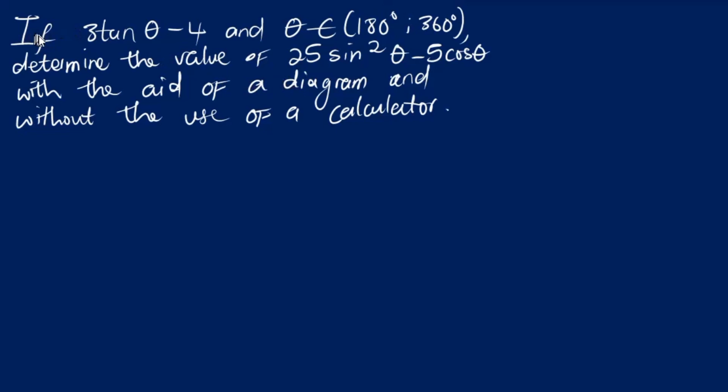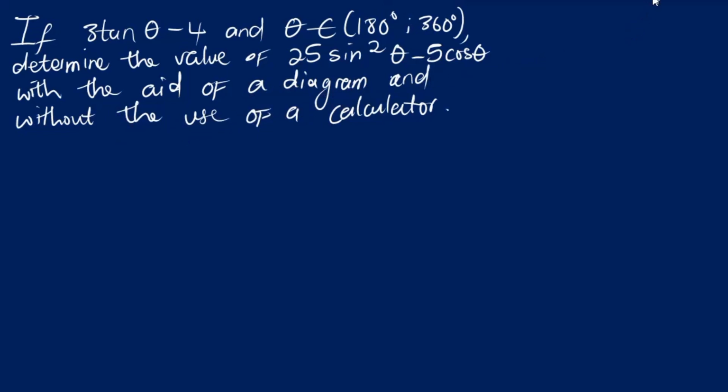It says, if 3 tangent of theta minus 4 equals 0, and theta is an angle between 180 and 360, determine the value of 25 sine squared of theta minus 5 cosine of theta, with the aid of a diagram and without the use of a calculator.